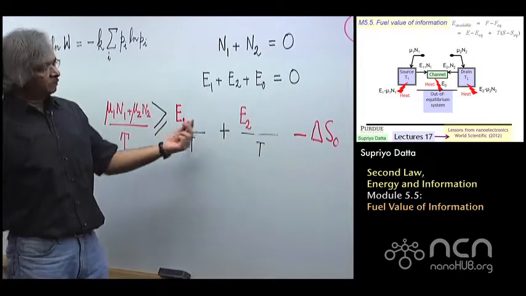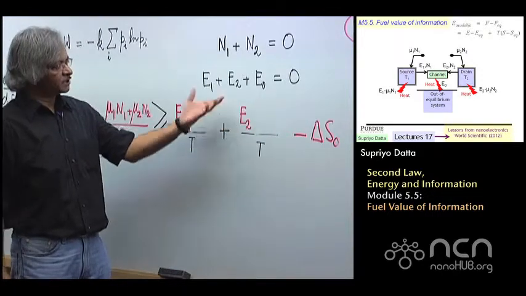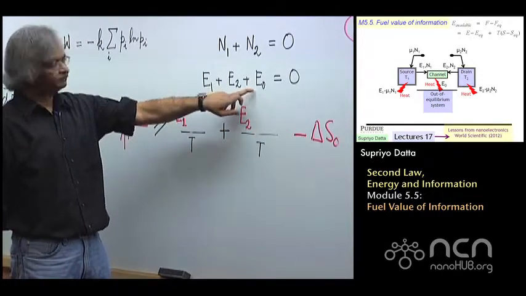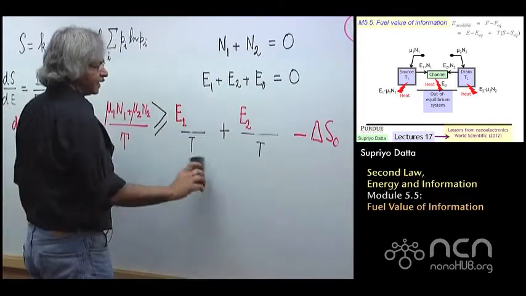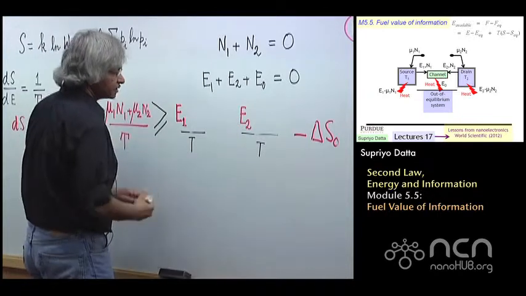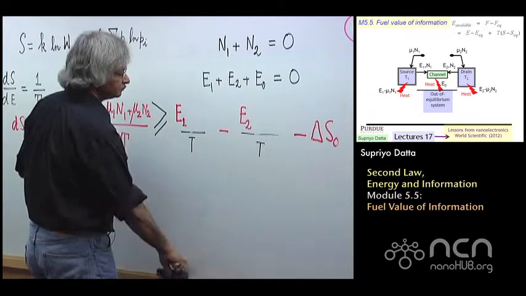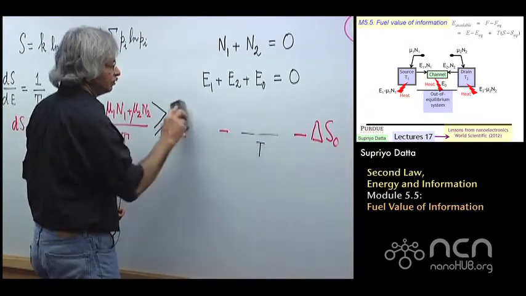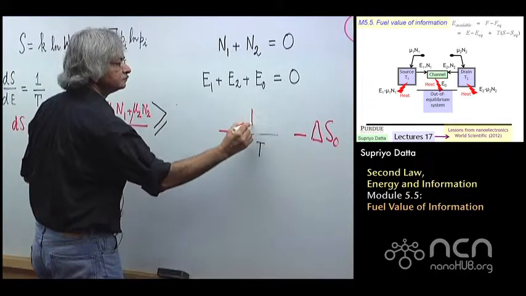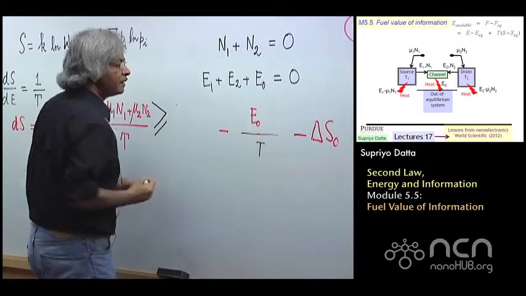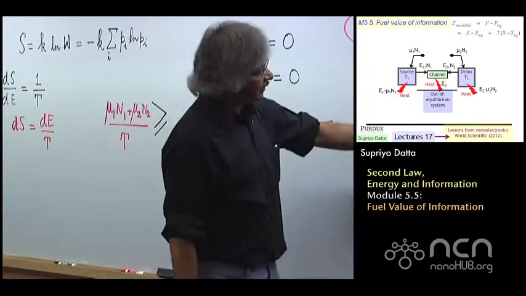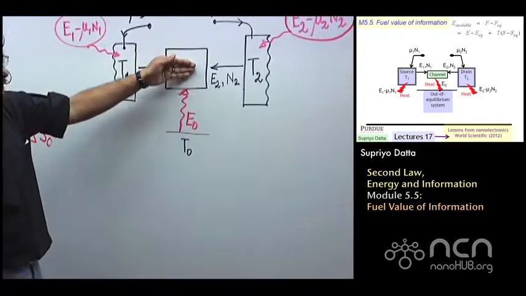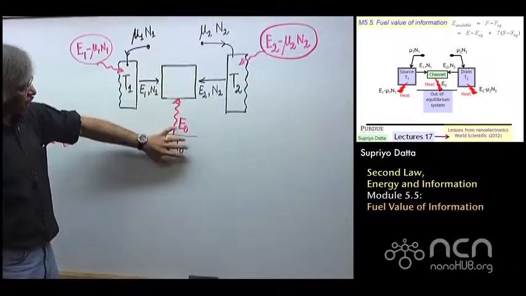Now, E1 plus E2, of course, must be equal to minus E0 because of this. So this whole thing I could write as just minus E0 over T. Now, E0, if you look at the way I defined it, is this amount of energy going out of this reservoir.